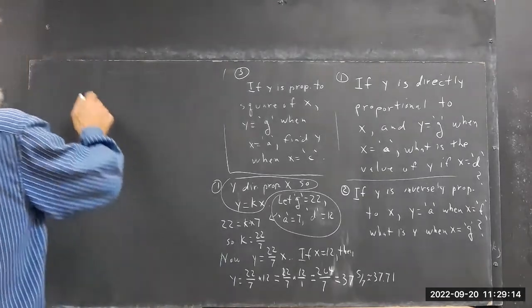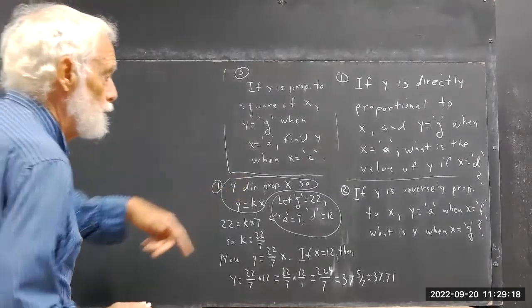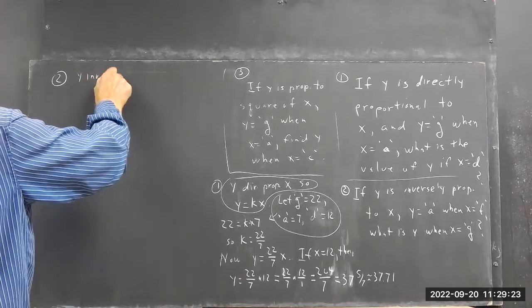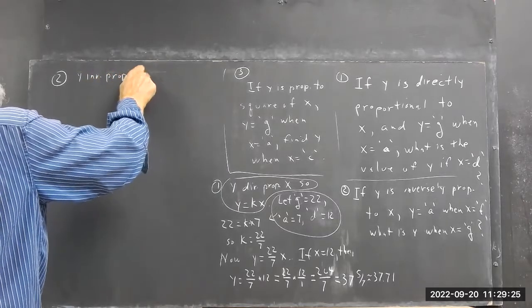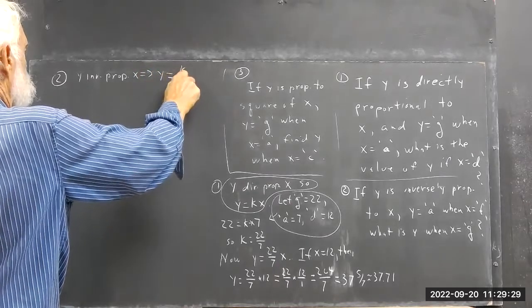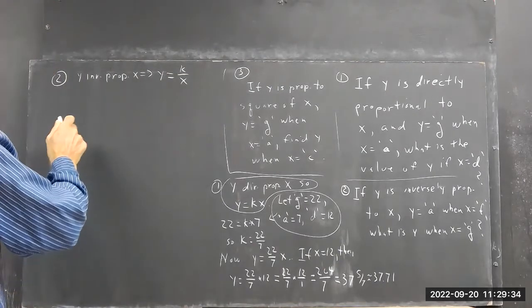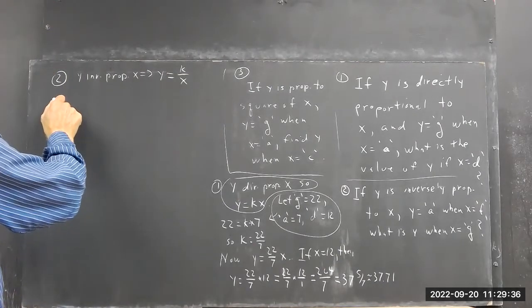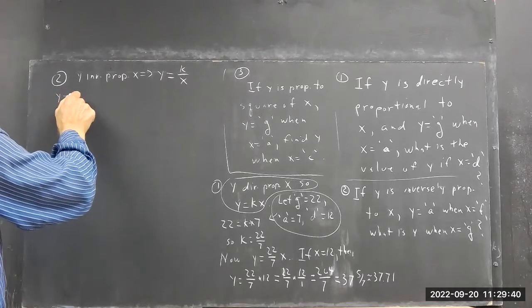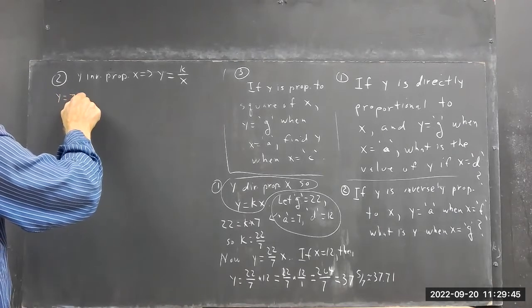So number 2. Y is inversely proportional to X. That means Y equals K over X. And let's say Y equals, I used 7 for A, so I'll use it again.